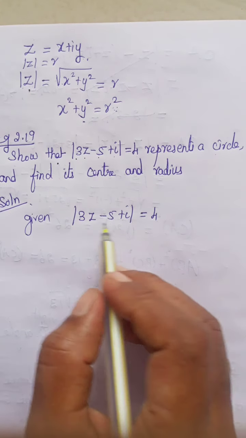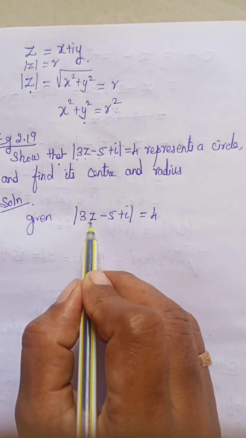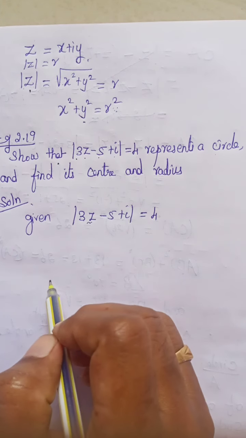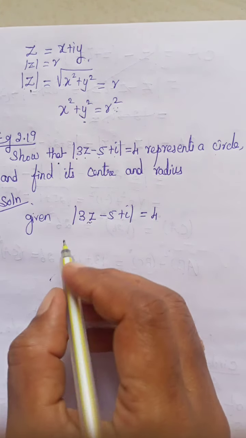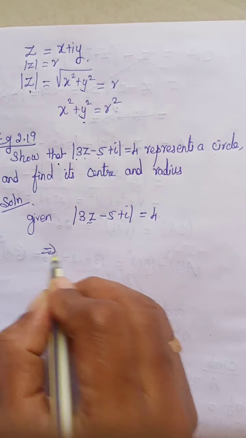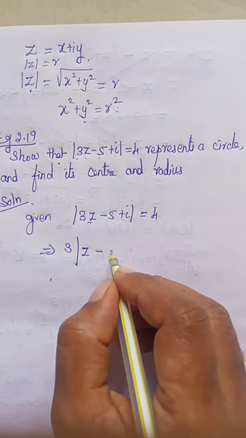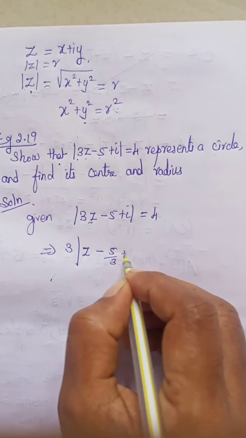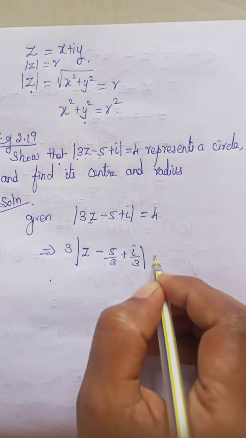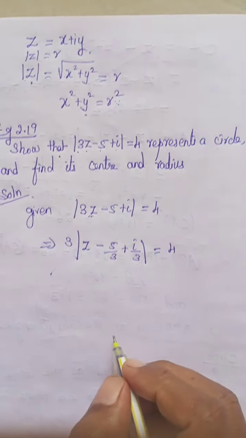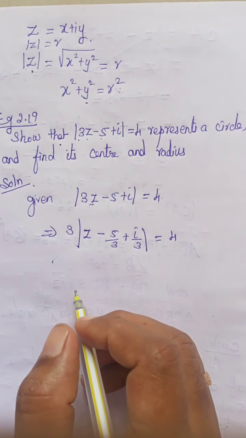Actually, here Z should be alone, no coefficient should be there. So I am taking it out. Which implies, when we take the 3 outside, we get modulus Z minus 5 by 3 plus I by 3 equal to 4. I have taken 3 outside.